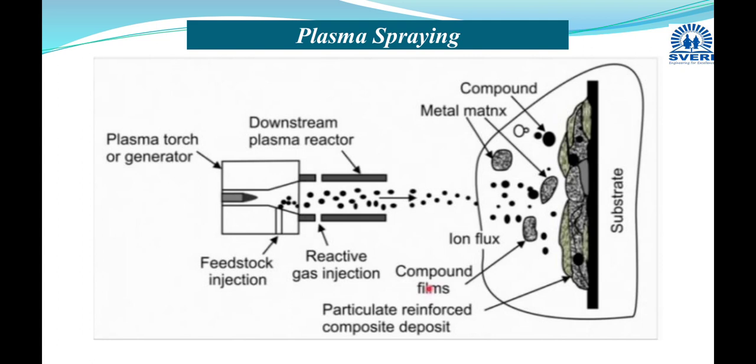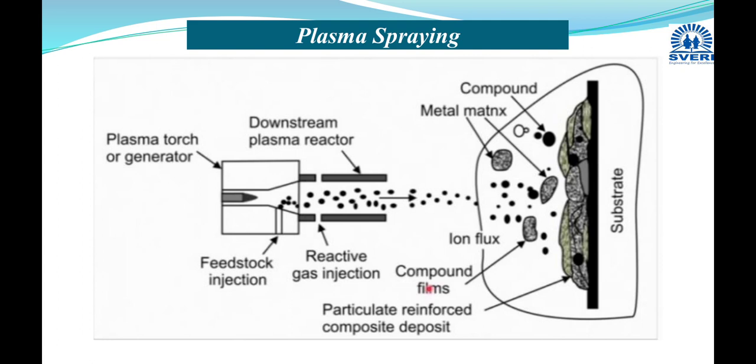Inside the chamber there will be a reaction, and then formation of ceramic particles in a metal matrix composite, and that gets deposited on the surface of the substrate. This is a very new form of deposition actually.